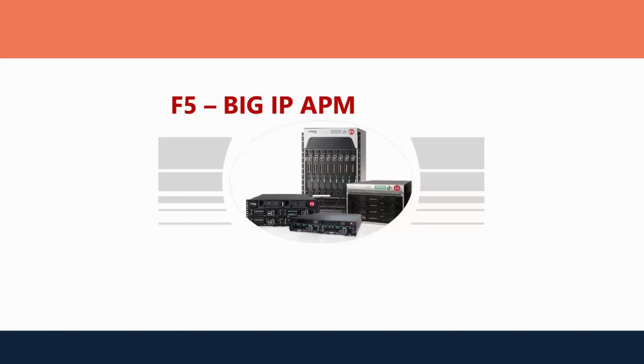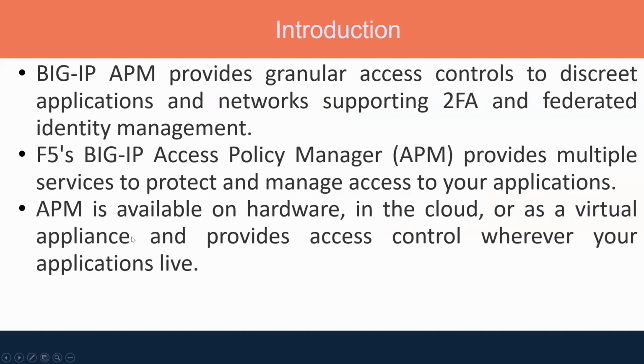Right? So before talking too much theory, let's go with this slide. As I mentioned, BIG-IP APM provides granular access controls to discrete applications and network supporting two-factor authentication, and it also provides federated identity management.